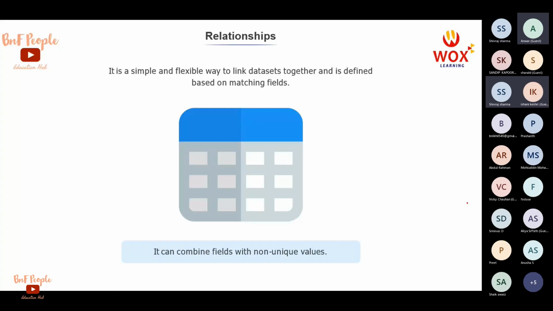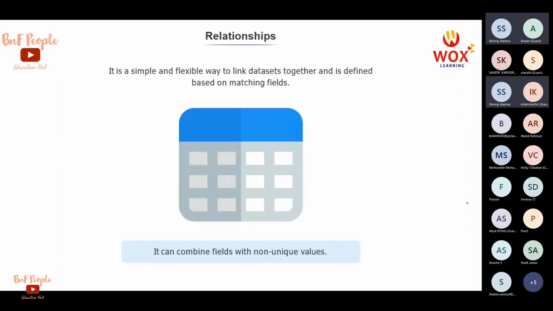In joins, what happens is that you need a particular primary key that is unique in that data set. But relationships combine data sets even when they do not have unique values.